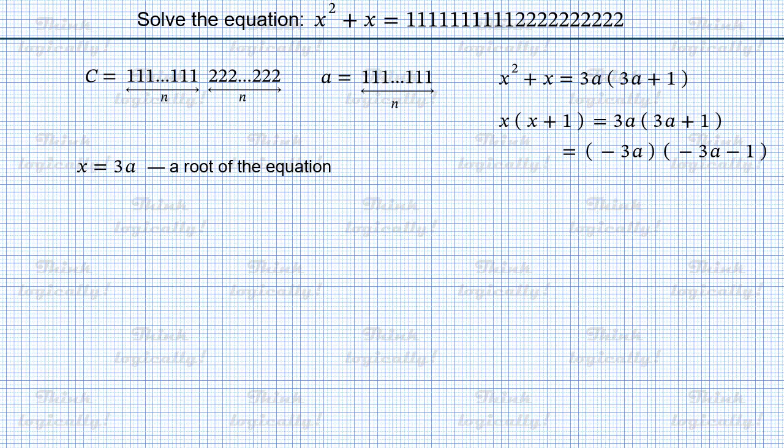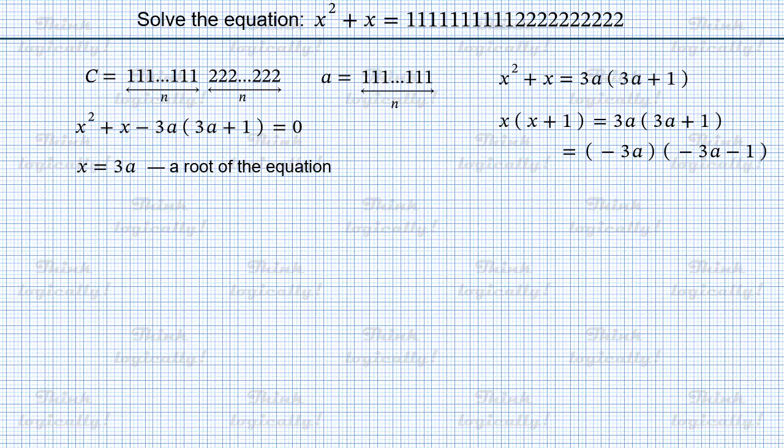In order to use Vieta's formula, we have to rewrite the equation in the appropriate way by subtracting the right-hand side from both parts. So we have all the terms on the left-hand side, and the free term comes out with minus.